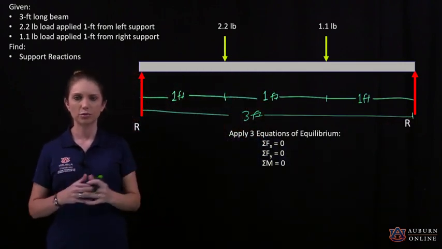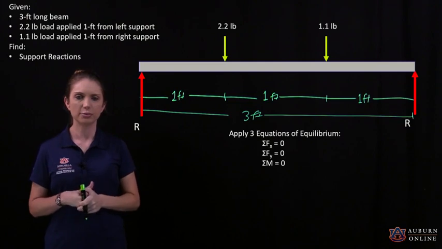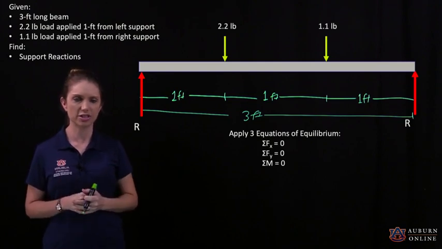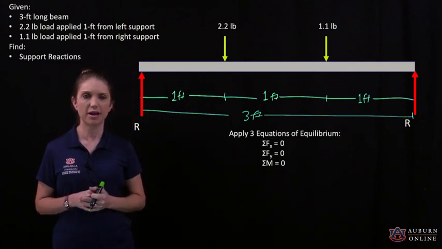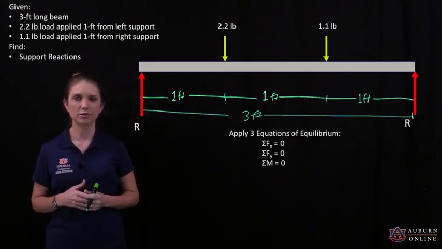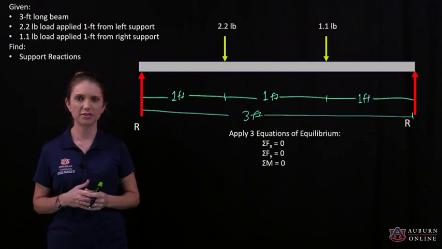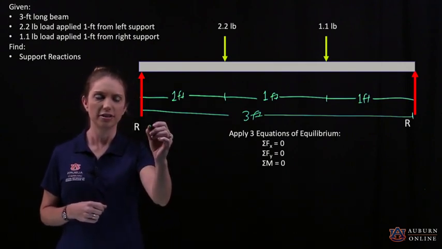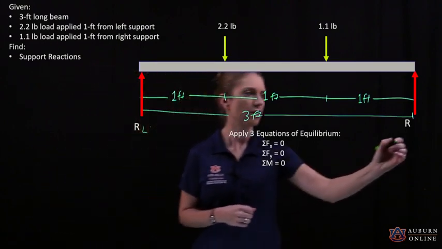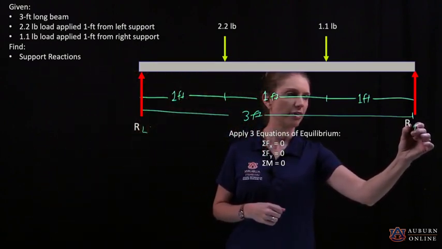So again, we'll apply our 3 equations of equilibrium here. Sum of the forces in the x direction equals 0, sum of the forces in the y equals 0, and sum of the moments about any point is equal to 0. And solve for those 2 unknown support reactions. Again, we've got one on the left-hand side and one here on the right-hand side.